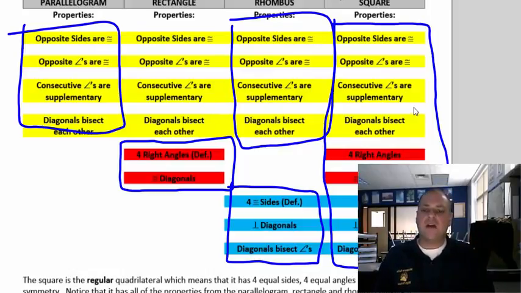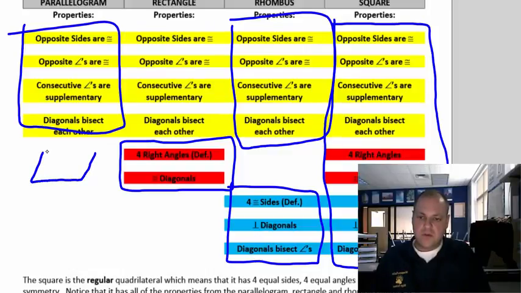Okay, so here's a diagram I want you to kind of keep in your head. You have a parallelogram. Let me draw that. A parallelogram can either be a rectangle or a rhombus.